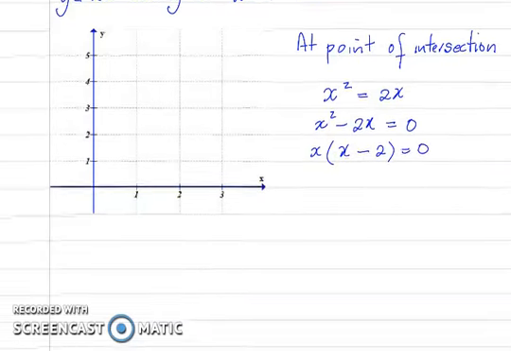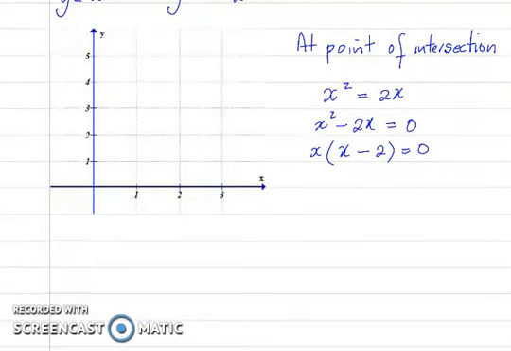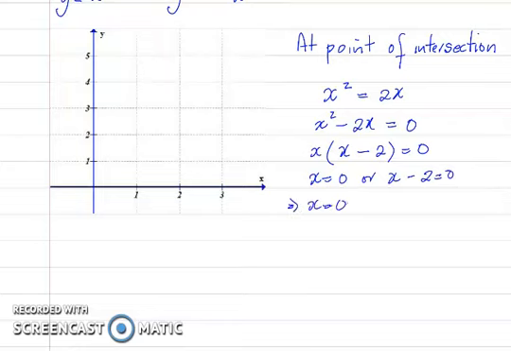If I'm multiplying two numbers and getting 0, it is either the first number that is 0 or the second number that is 0. So from this, I can say that the two graphs intersect where x is equal to 0 and where x is equal to 2. All right, so those are the values of x at the point of intersection.